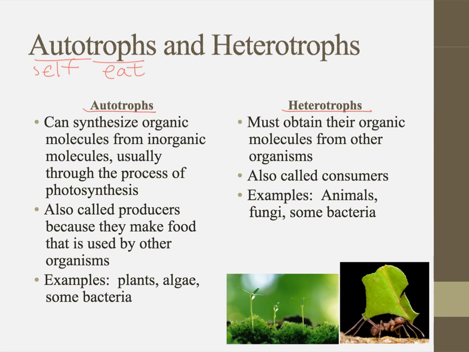So autotrophs are organisms that synthesize or make organic molecules from inorganic molecules. Most of the ones that we're going to study are doing that through the process of photosynthesis. We have other names for them, including the word producer. So for our usage, autotroph and producer mean the same thing. They're making their own food.